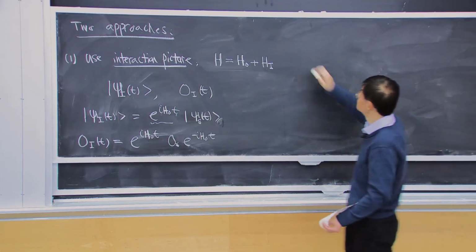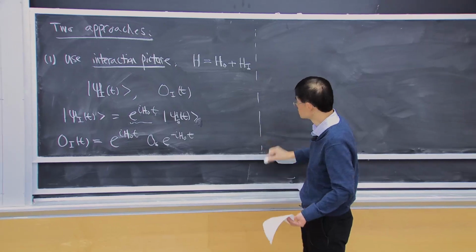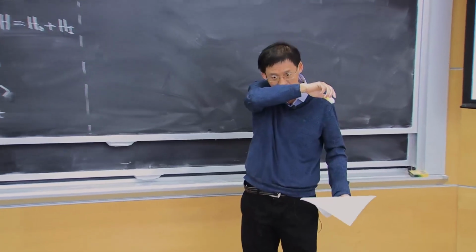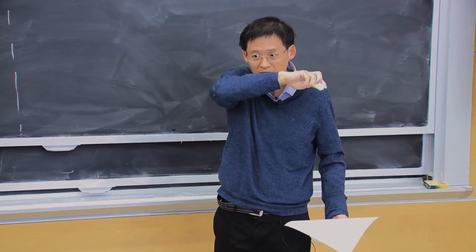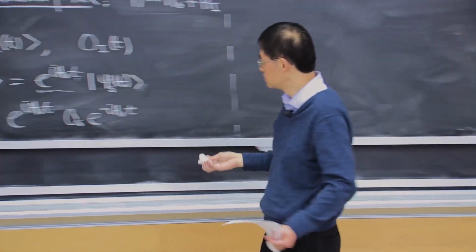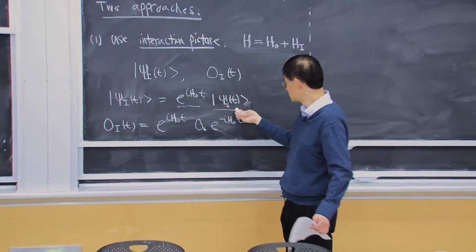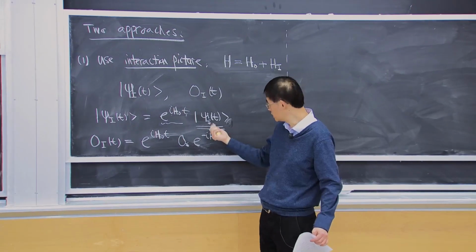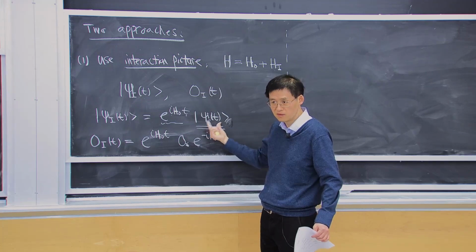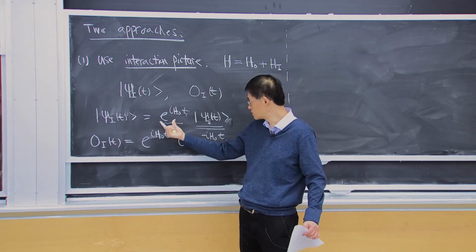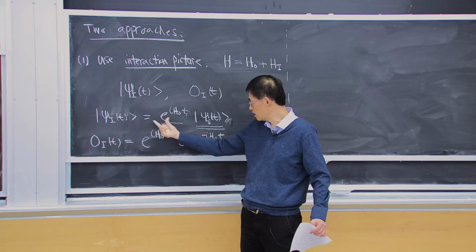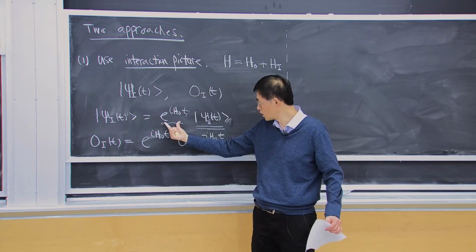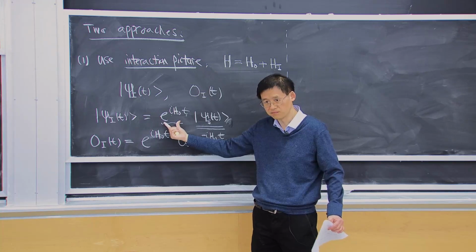You may have already discussed the interaction picture in your quantum mechanics. Have you seen it before? Yes. So remember, in the Schrodinger picture, the state evolves with the full Hamiltonian. Here you relate the interaction picture state to it by the conjugate of the evolution operator for the free Hamiltonian.